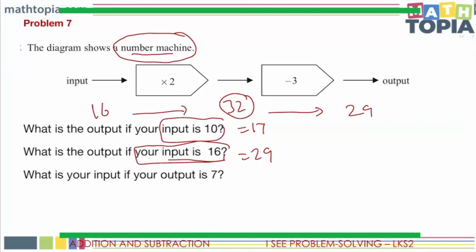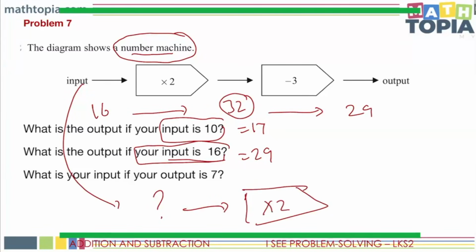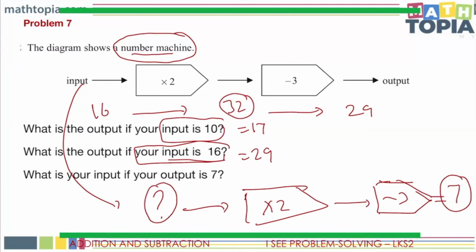So now the third one is very interesting. It's challenging. Now I didn't give you input. Now I gave you output. That's interesting. Now you multiply by 2 and you take away 3, but your output is 7.